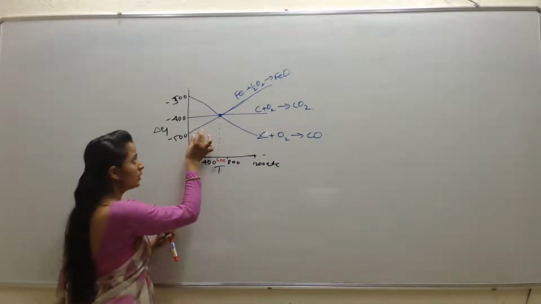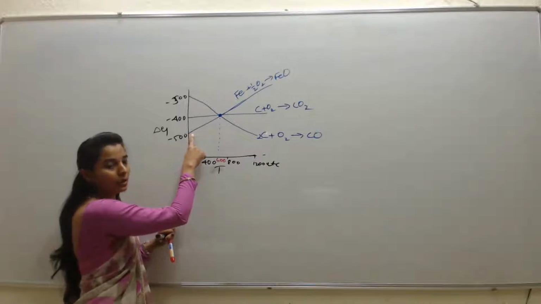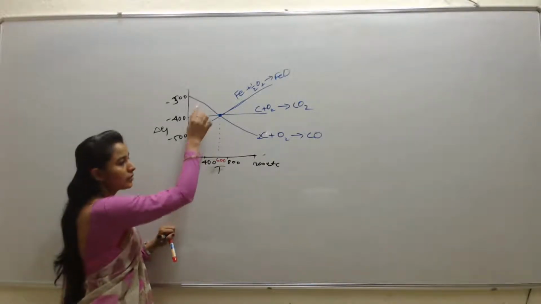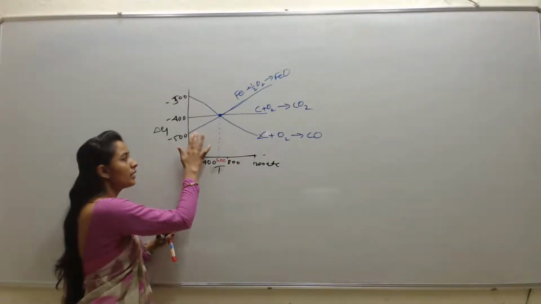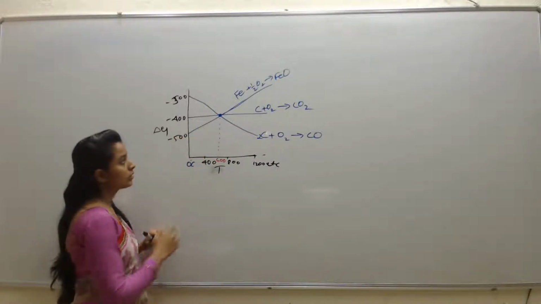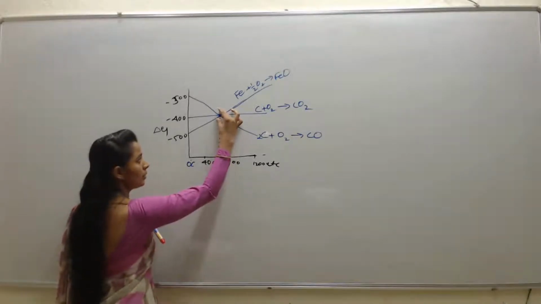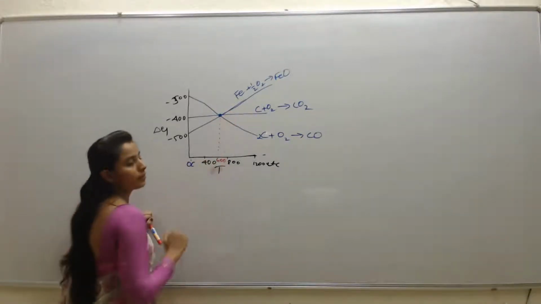So this shows what? At 0 degrees Celsius, the iron curve is below the carbon curve. This shows iron reduces carbon at a lower temperature. The red dot I wrote here is the equilibrium point.